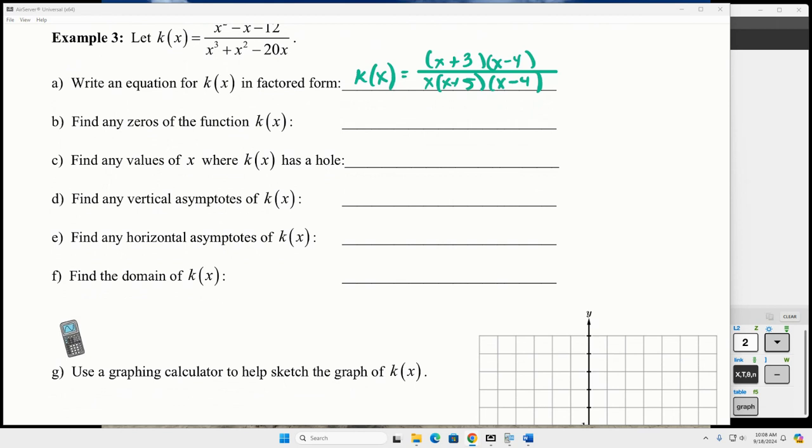The numerator or denominator? Numerator, yes. Can a function or can a number be a 0 and a hole? No, that cannot happen because the hole is not there. And so what is the only x value where there's a 0? -3, good.